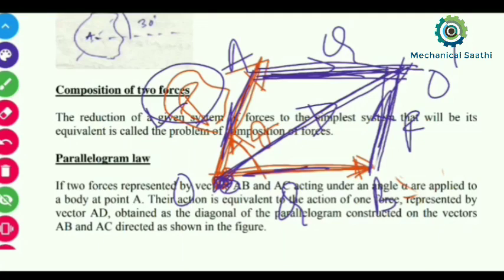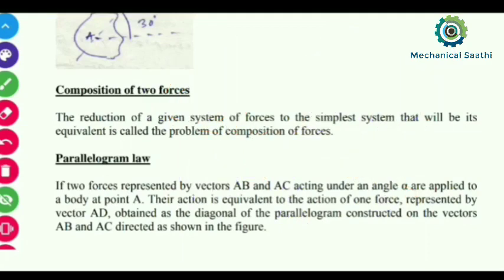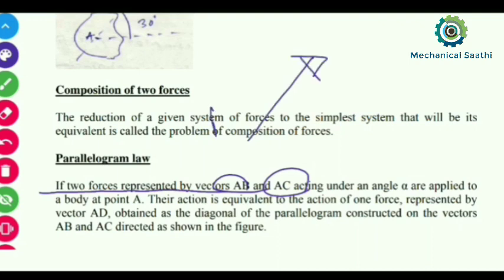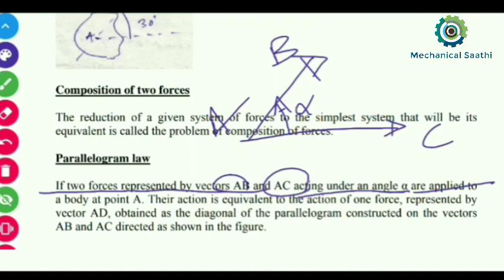So let us read the statement over here. If two forces represented by vectors AB and AC, so these are two vectors, let this be vector AB and this another vector AC, acting under an angle alpha, are applied to a body at a point, then, let this be any body at a single point, AB is applied in this direction and AC in this direction.